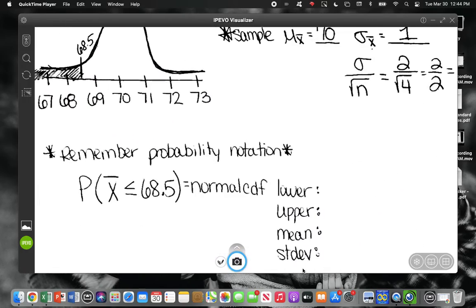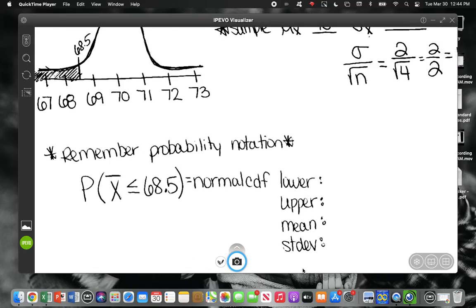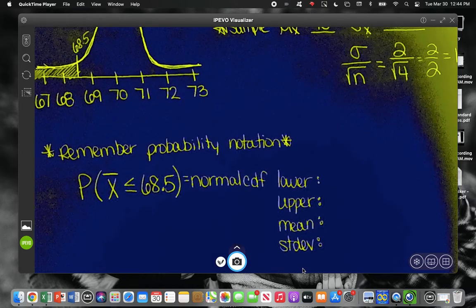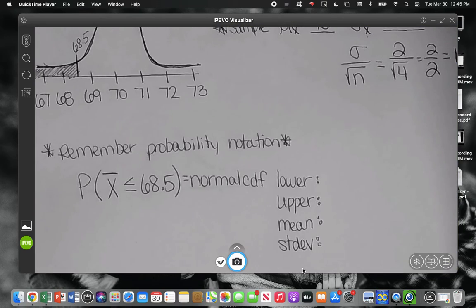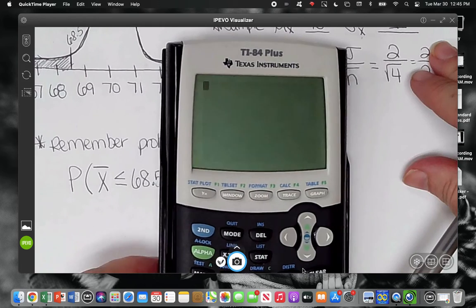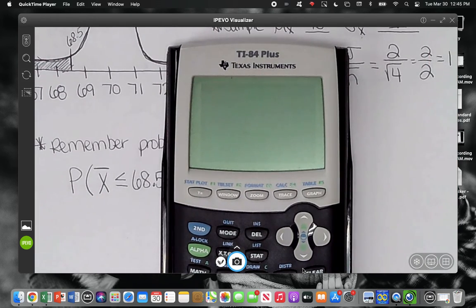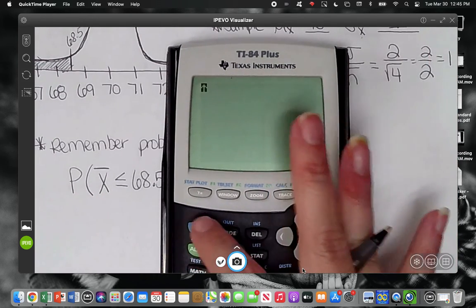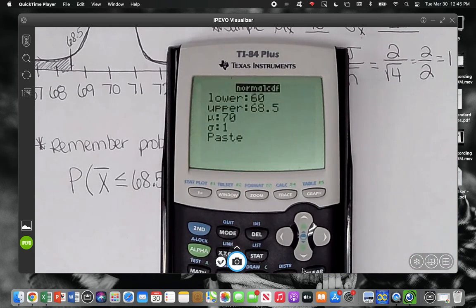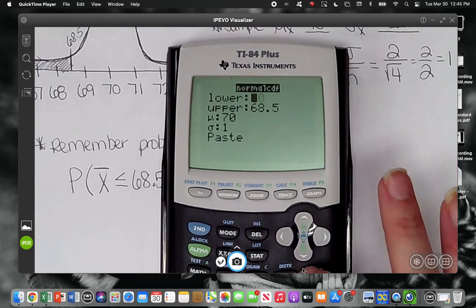All right, so I'm actually going to switch views so it's a little bit easier for everybody that's watching this to see the calculator without the glare. Okay, so on this one, you are going to go second and hit that distribution menu and go down to your normal CDF.